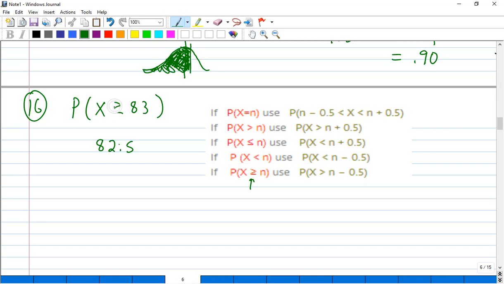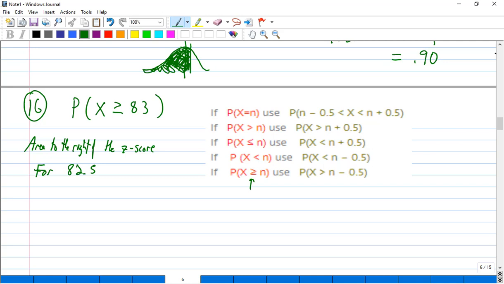This is a greater than problem. So with greater than problems, remember you do the area to the right. So the way that we would find our answer will be the area to the right of, it's not really the area, it will be the z-score for 82.5. And it didn't ask us to find that.